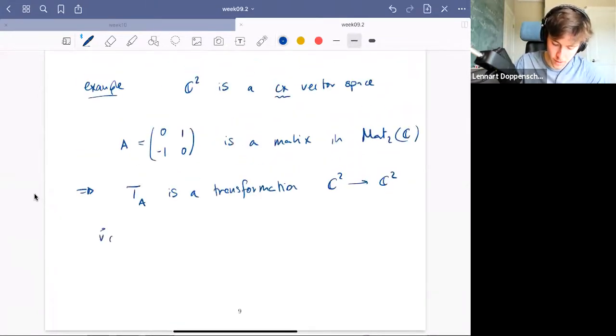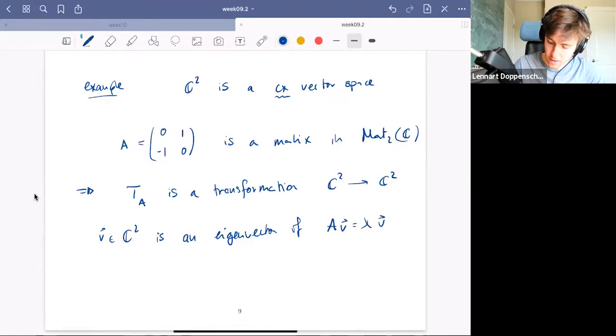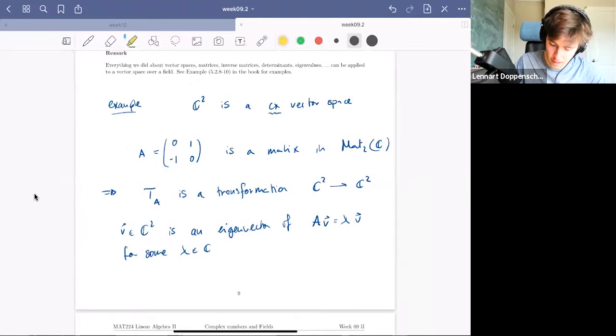So v in C2, which now has complex entries, is an eigenvector if A times v is equal to lambda v for some lambda in C. So now eigenvectors are allowed for complex eigenvalues.